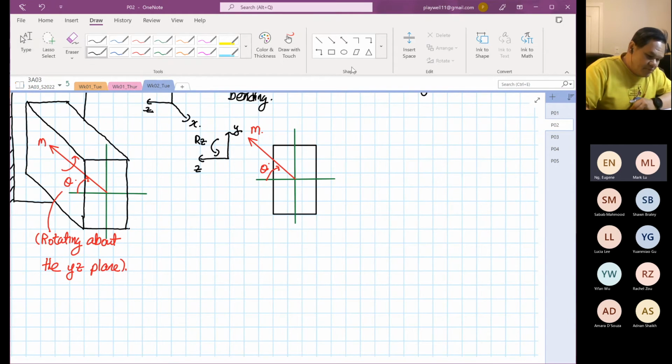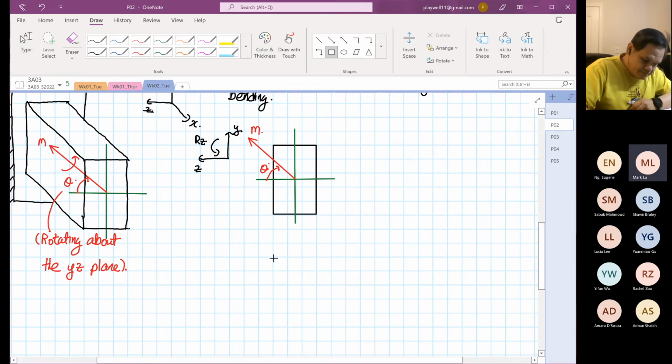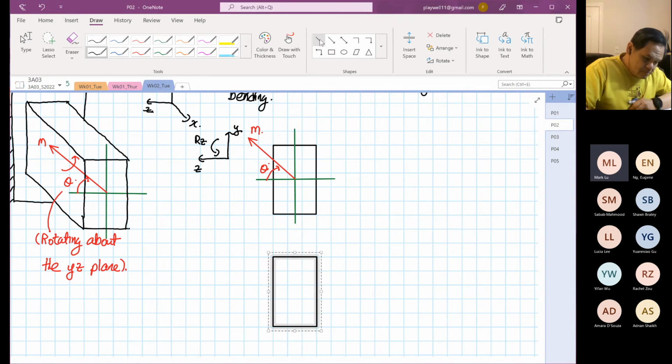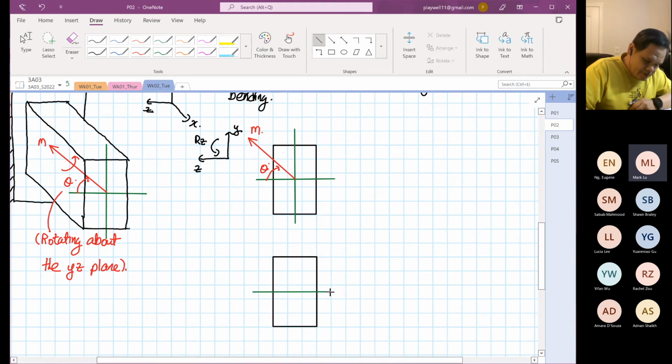So it can be drawn, let me. So this is again our z axis. This is our y axis. Right. So what do I mean can be broken down into two components?